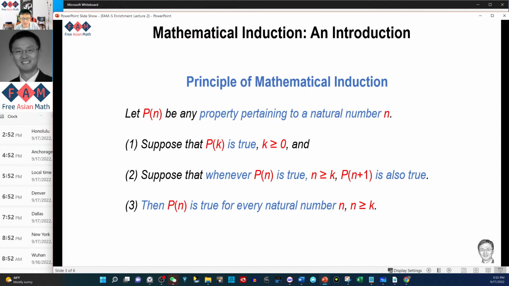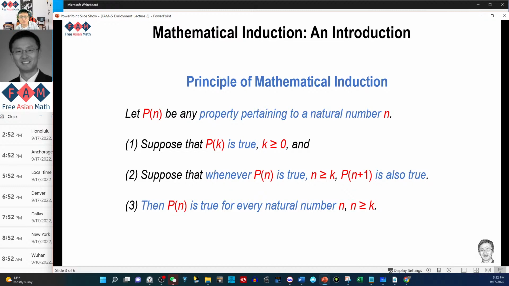It's just too advanced. However, because we are doing enrichment here, we will introduce this to you early on because mathematical induction is so important. It will have many applications in future enrichment classes, and you really just need to get an initial grasp on it. You don't have to understand it completely, but it will come naturally when you see more and more such examples.